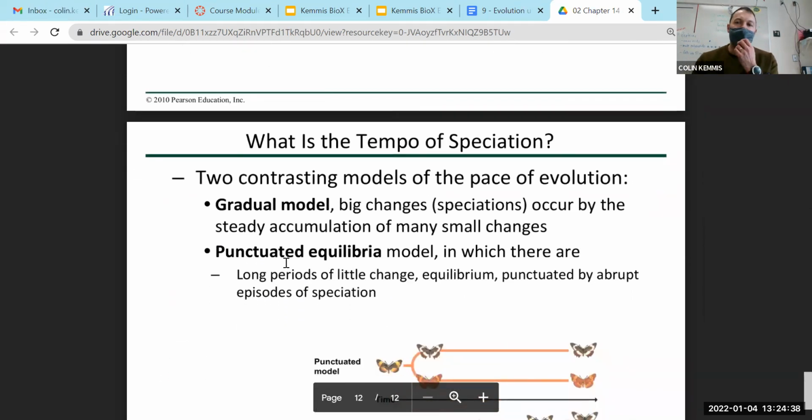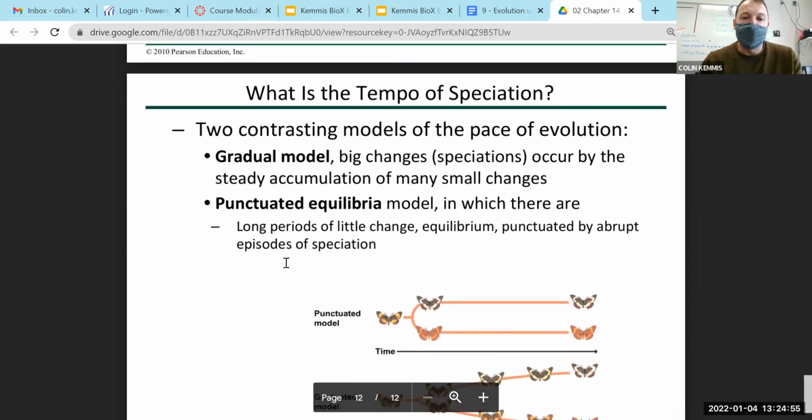And the last idea here is how fast does speciation occur? There are 2 conflicting theories here, and either one could be true depending on the case.